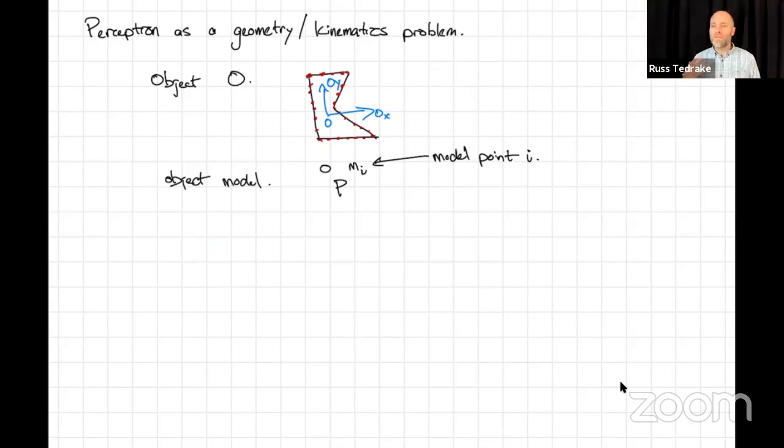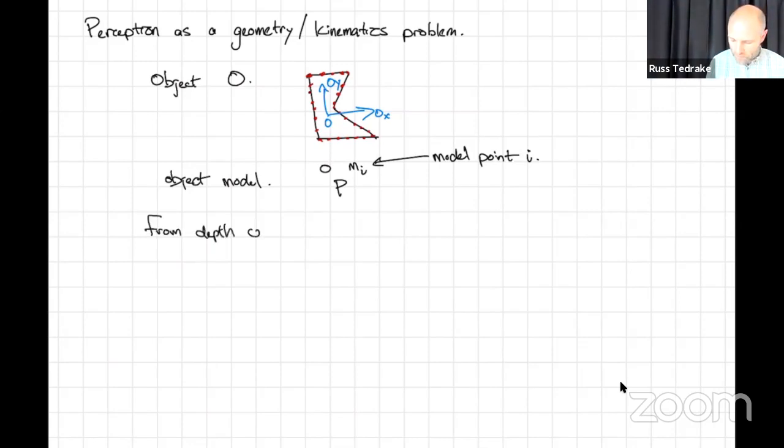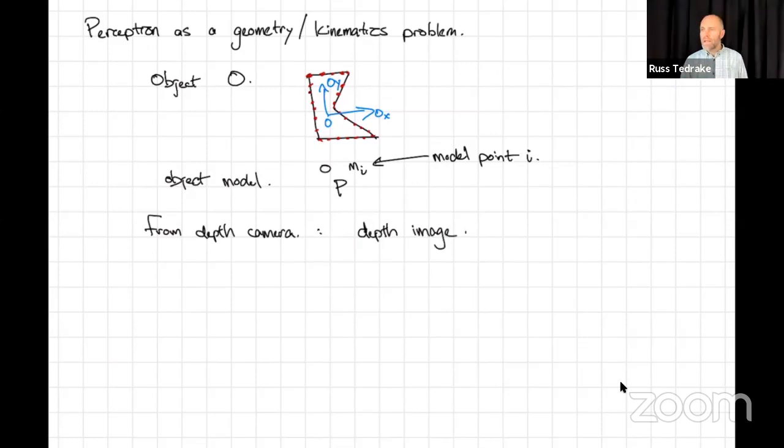Now, I get something different from my camera. From my depth camera, first I get a depth image. If I know the intrinsics of the camera, meaning the projection that is described by the optics of the lens, that tells me how to project a point in my image into a place in 3D space.